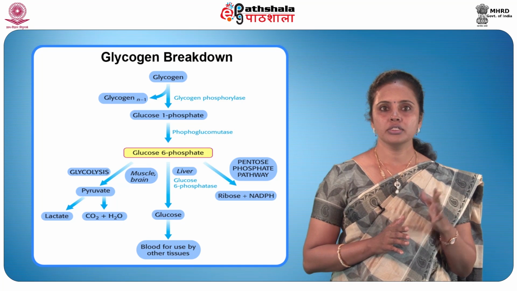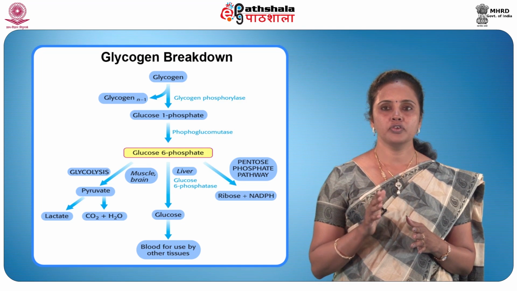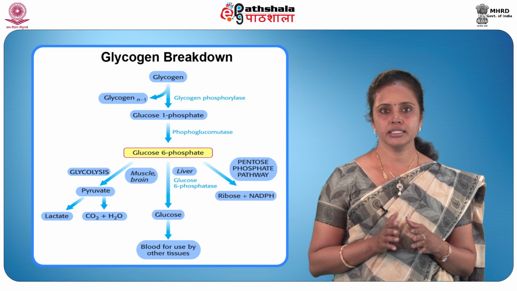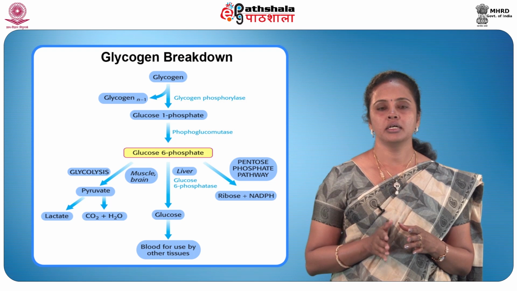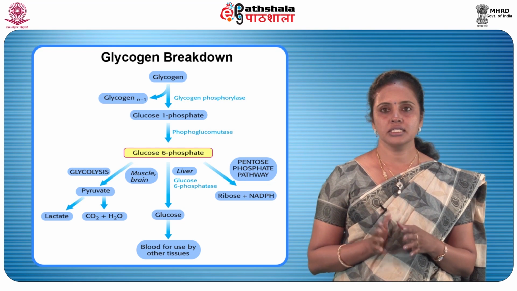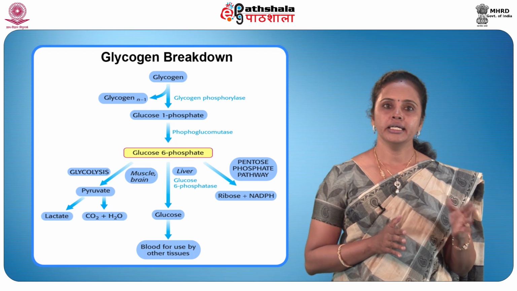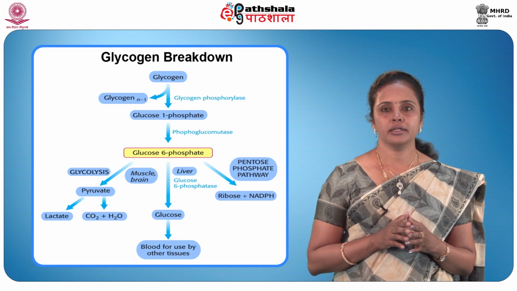First, glycogen phosphorylase catalyzes the successive phosphorolysis of glucose residues starting from the non-reducing end. The phosphorylated glucose cannot diffuse out of the cell. Here again, this enzyme cannot act at the branch point.